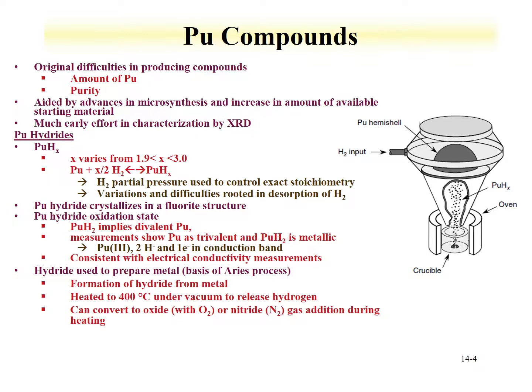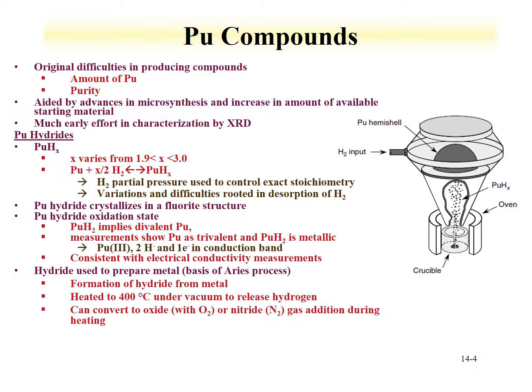So a very simple compound, and one that we've already talked about, is the hydride. Plutonium hydride can be formed by the reaction of plutonium with hydrogen. We get PuHx, where x varies from 1.9 to 3. The hydrogen partial pressure can be controlled to develop the exact stoichiometry of the final product.